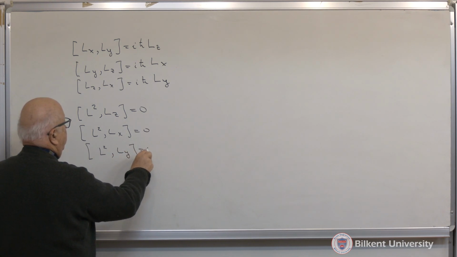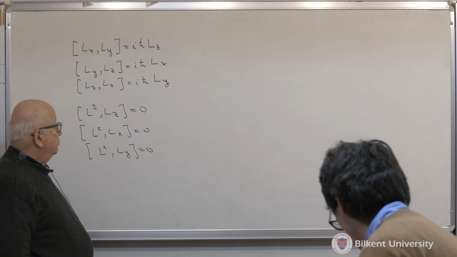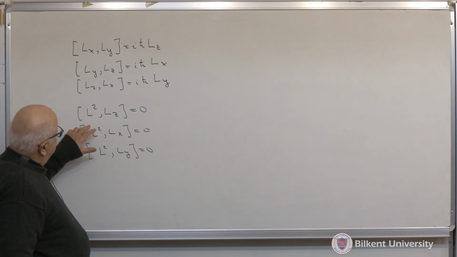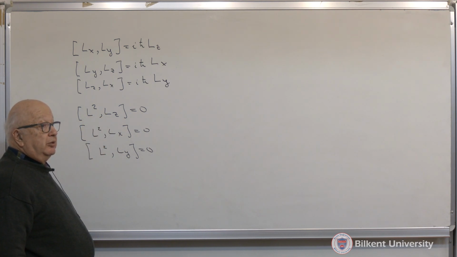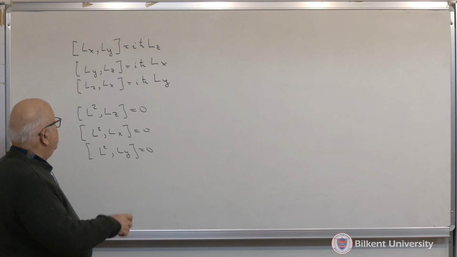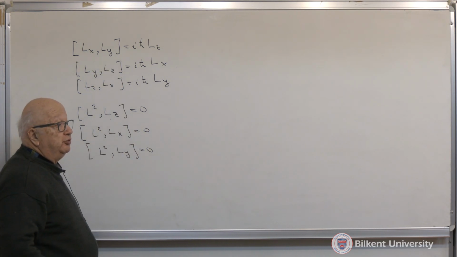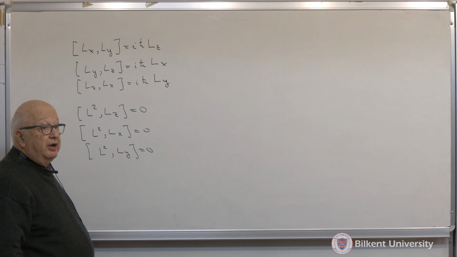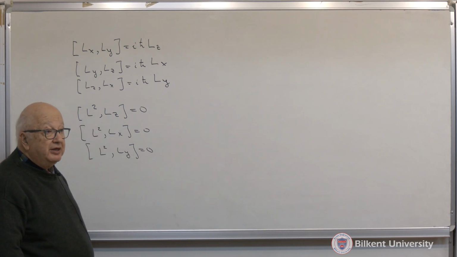So I get a set of relations which look like that. Since L squared and any one of these directions commute, we choose one of these. We cannot choose all of them because they do not commute among themselves. So we choose just one of them and we favor Lz.